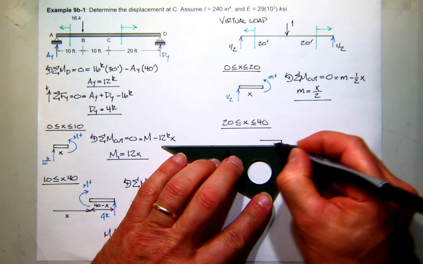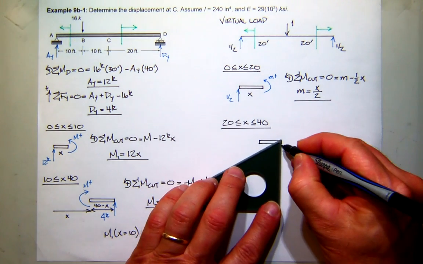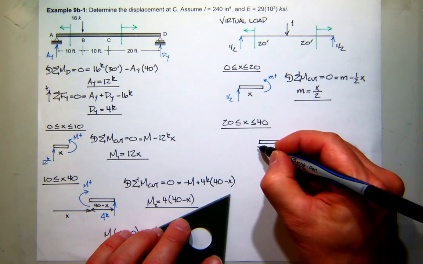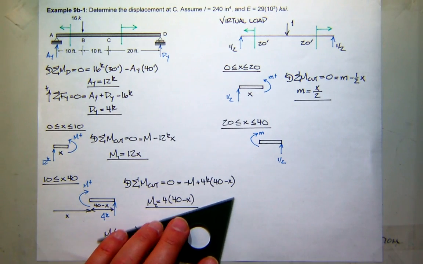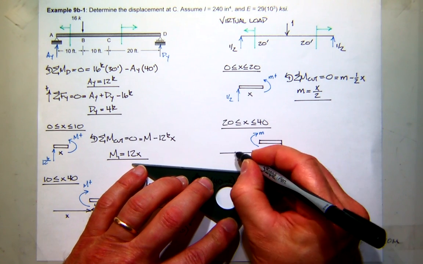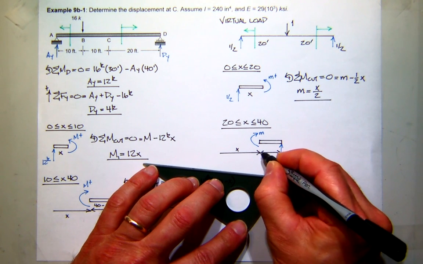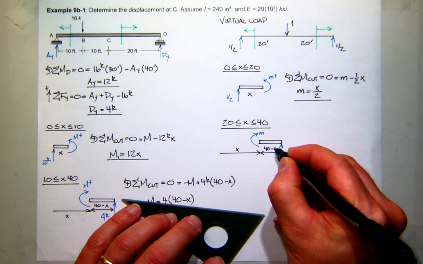And looking at a free body diagram of that structure, with the reaction at the right edge of 1/2, internal moment. And of course, the distance to the cut from the left side is x. That means the remaining piece here will be 40 minus x.